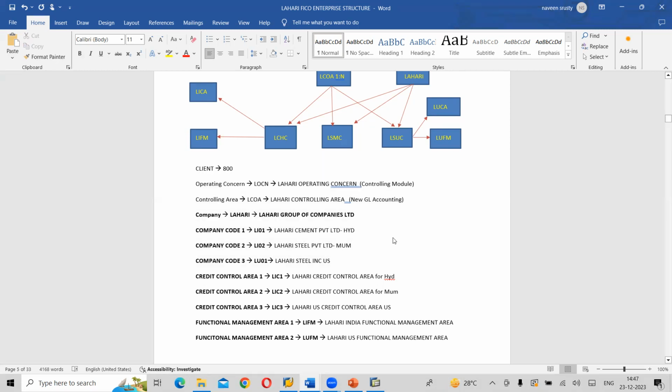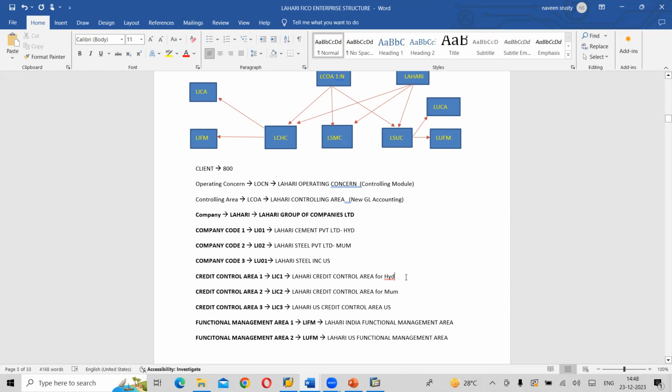Next one, we have credit control areas. We have 3 credit control areas: one is Hyderabad, which is in India, and Mumbai. Credit control area is nothing but how I want to categorize my customers and how I need to give the credit limit to my Hyderabad customers, Mumbai customers, and US customers. You can write it down as credit control area 1, LIC1. What is LI? Lahari India. C stands for credit control area 1. The description would be Lahari credit control area for Hyderabad.